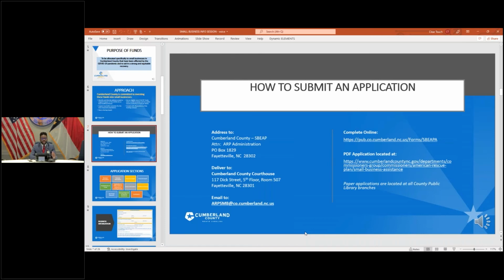We want to, like I said earlier, touch as many small businesses as possible. And so we're not looking at your business with the intent to exclude you from funding. We hope that you receive the funding. It's just important, again, that you submit the applicable documents and that you are responsive when further information is needed.